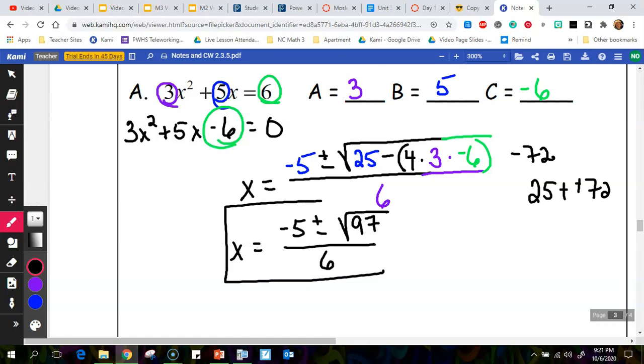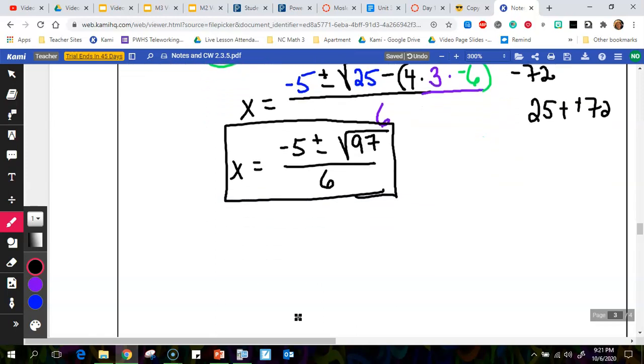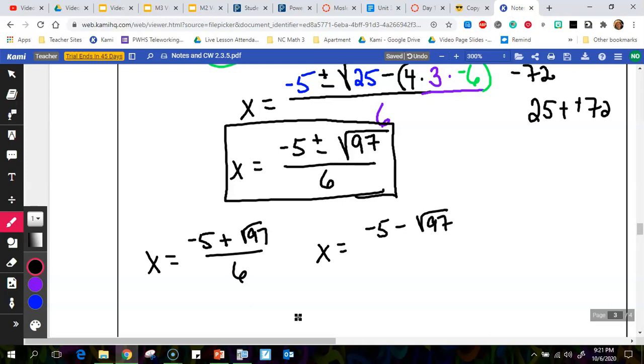So this is an irrational root, or a set of irrational roots. Since we have the plus or minus, the two roots would be, and you don't have to write this part, x equals negative 5 plus root 97 over 6, and x equals negative 5 minus root 97 over 6.